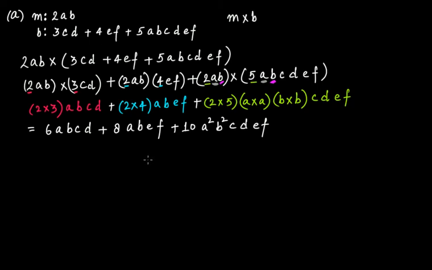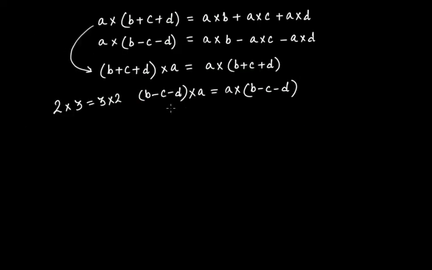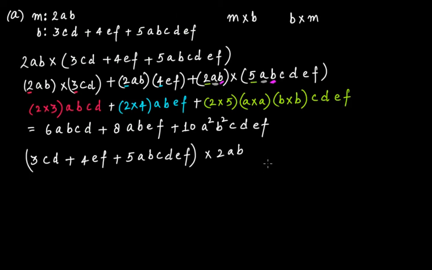Now if you were asked to find b multiplied by m, that is the trinomial 3cd plus 4ef plus 5abcdef multiplied by 2ab, then you first use the commutative property, or even if you want to proceed straight away, simply take each term of this trinomial and multiply it with 2ab.